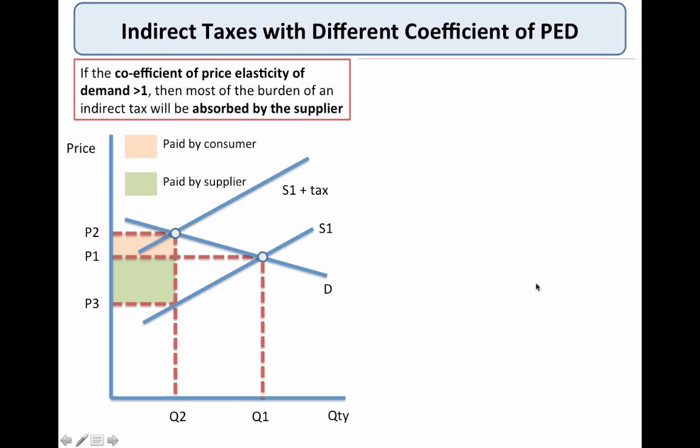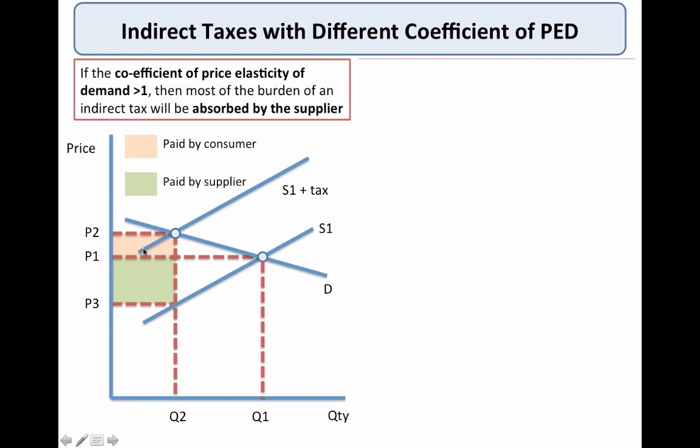Here's another example of a tax. Again, what I'm doing here is I'm just changing the elasticity of demand. So in this case, I've drawn the demand curve as fairly elastic. PED is greater than 1. Notice here that if we have a tax, there is quite a big change in quantity. We fall from Q1 to Q2. A fairly modest change in the price from P1 to P2.